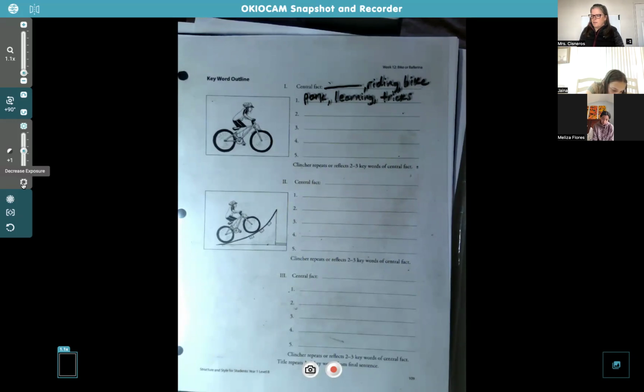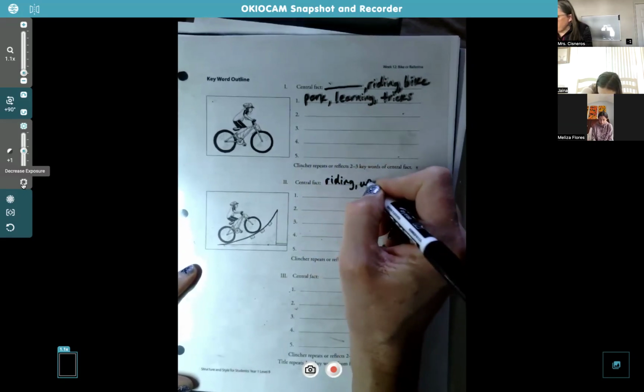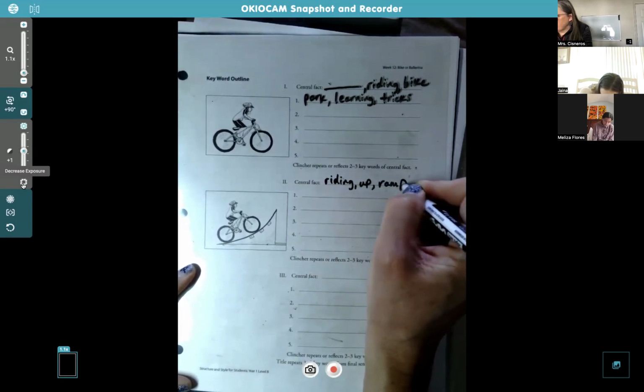And then Jaina, how about the second picture? Going up a ramp. Riding up ramp.